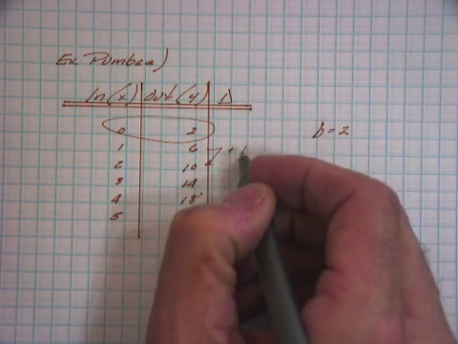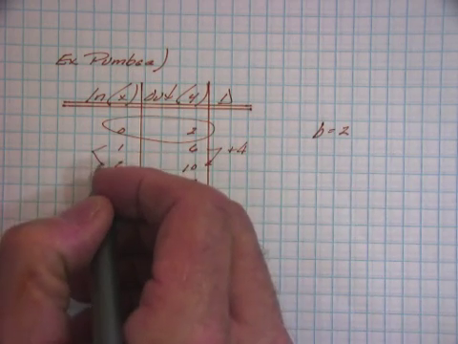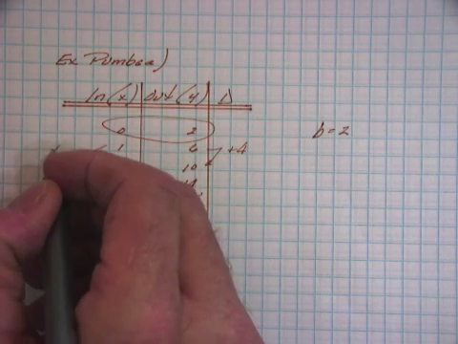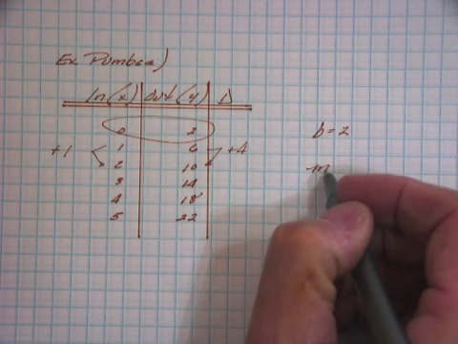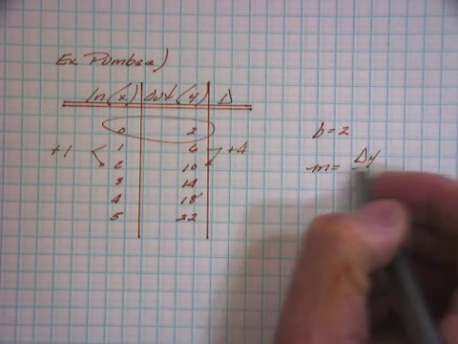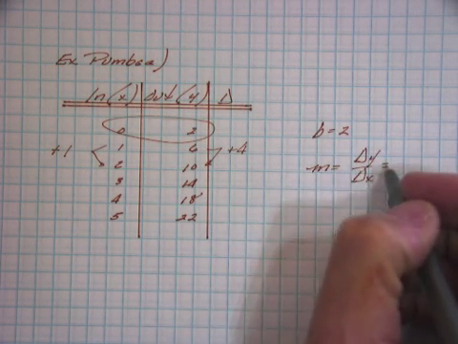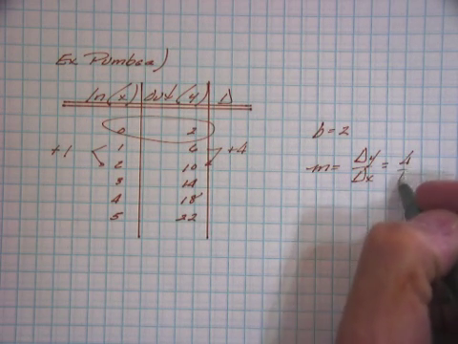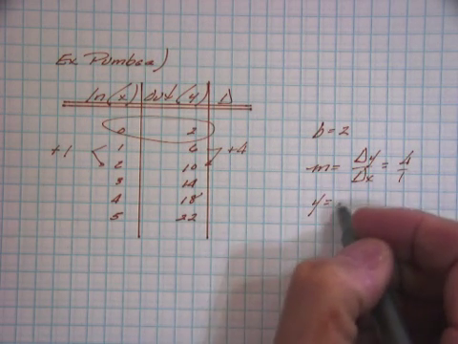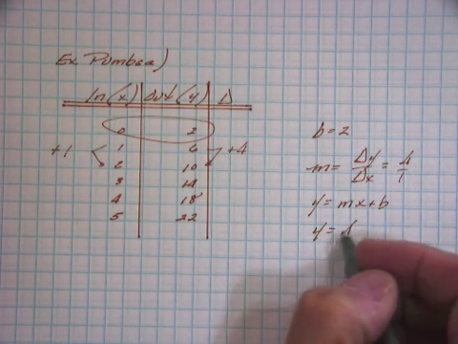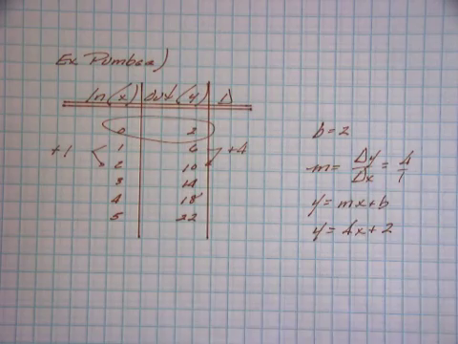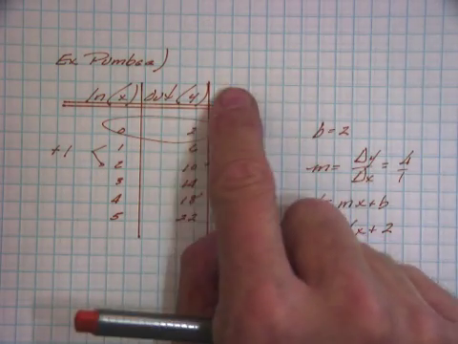And now this column is showing a very consistent plus 4, and the x's are showing a very consistent plus 1. So my slope, delta y over delta x, equals 4 over 1. So I can write the equation y equals mx plus b, so y equals 4x plus 2.